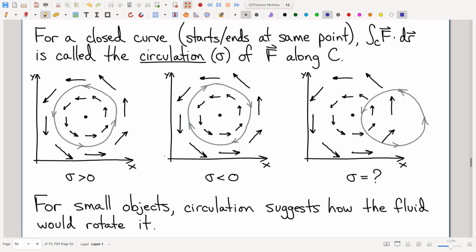Okay, a real quick observation. Here's another curve, sort of off-centered, if you will. And what's the circulation here? Is the circulation positive or negative? This one gets weird, because on the left side, the fluid is flowing opposite the direction of the curve. But on the right side, it's flowing in the direction of the curve.